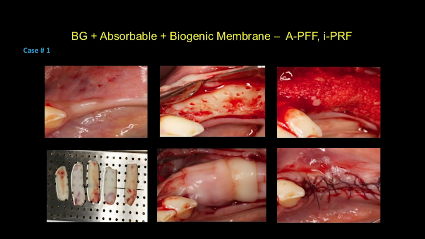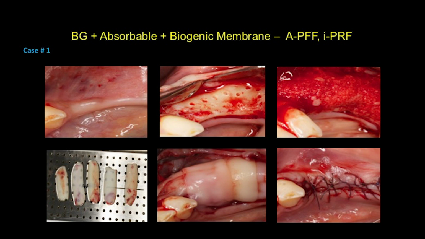So case 1. This is a patient that has horizontal bone loss, Simplified class 1, in the lower mandibular area. So we use the biogenic membranes, PRF, APRF, and IPRF to stabilize the allograft corticocancellous bone. As you see, this is the defect site with horizontal bone loss, Simplified class 1.